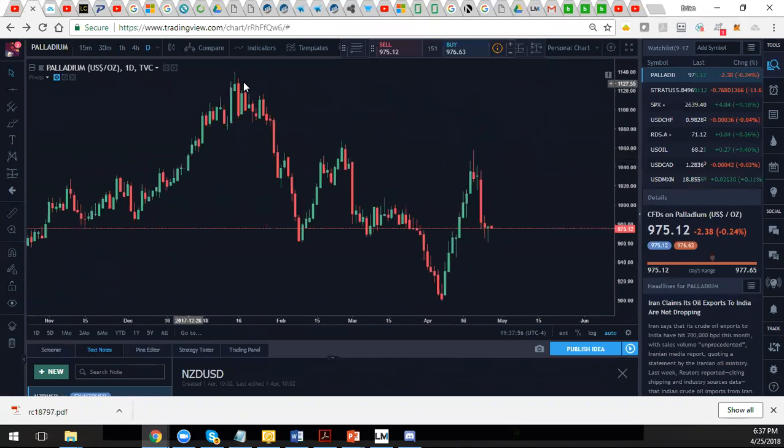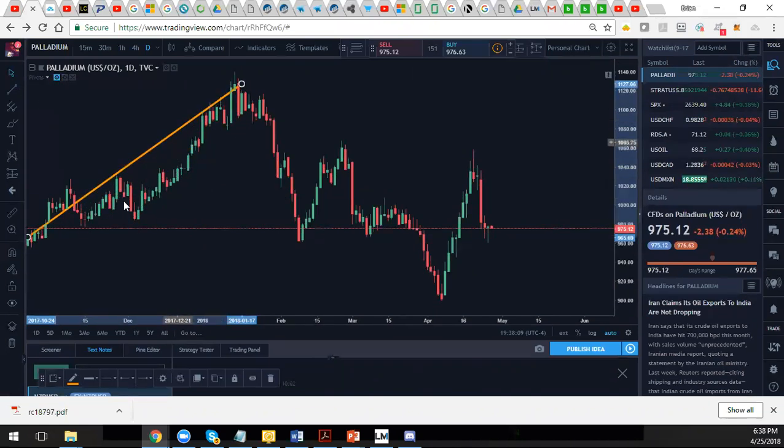Here we see that price has risen, and you could have called this a swing high. But the reason I didn't trade this swing high is because, remember, after your first swing, you look to see if you have a retracement up to the 0.618 level.